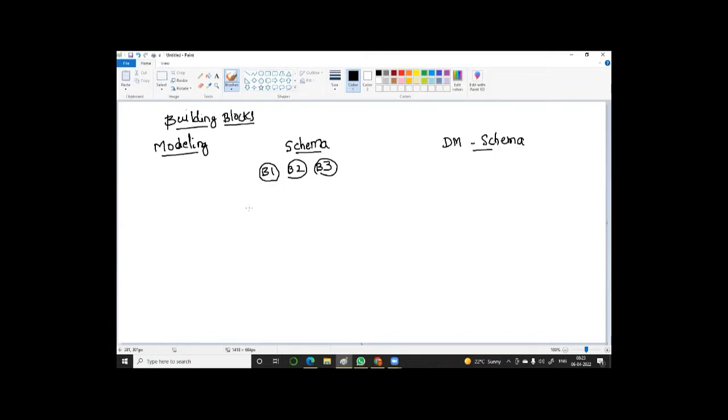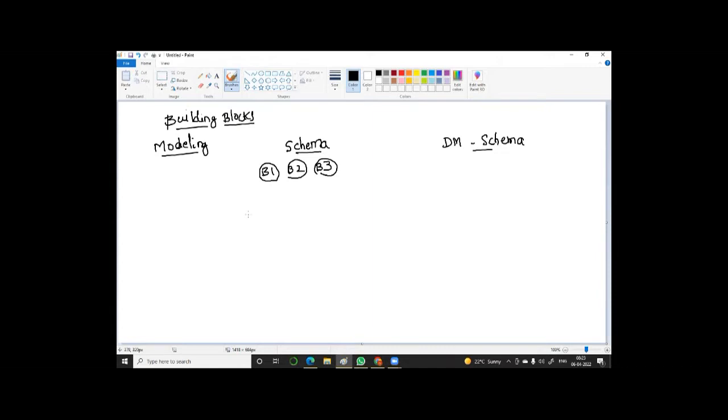When the schemas are different but the data is the same, homogeneous as I told you already, all these branches connect to the head branch, right? So the head branch connecting to all the individual branches should be adaptable to B1, B2, and B3 also.